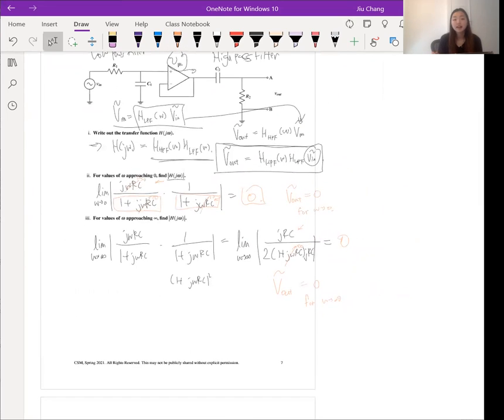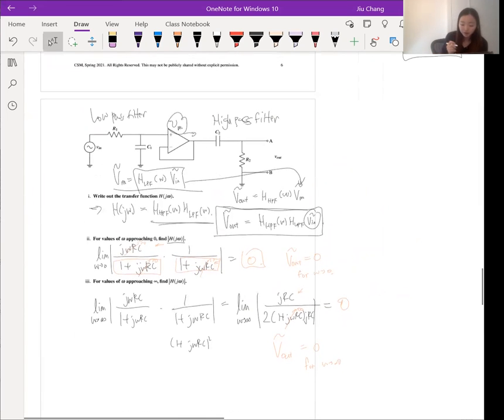But that is indeed expected, because we notice that whatever frequency our V input has, if it's a low frequency, then it won't be able to pass this part, this buffer. I mean, it won't be able to pass the high pass filter. So we will have a 0 voltage here.